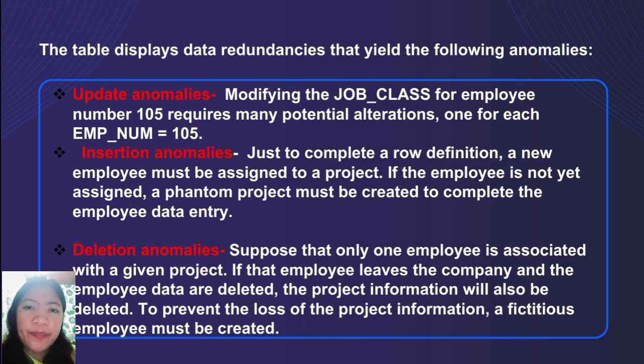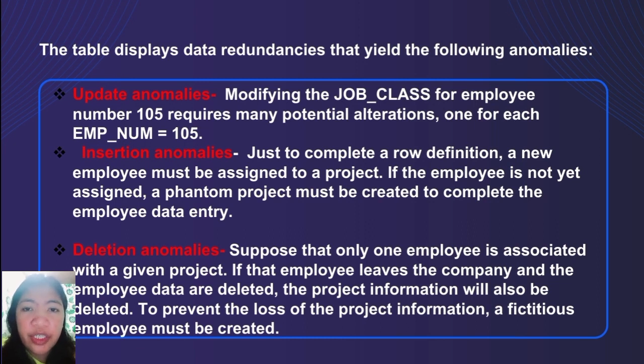For example, if employee number 105 changes job classification, it would require updating all rows where employee number equals 105. This redundancy in data storage can lead to inconsistencies and difficulties in updating data efficiently.